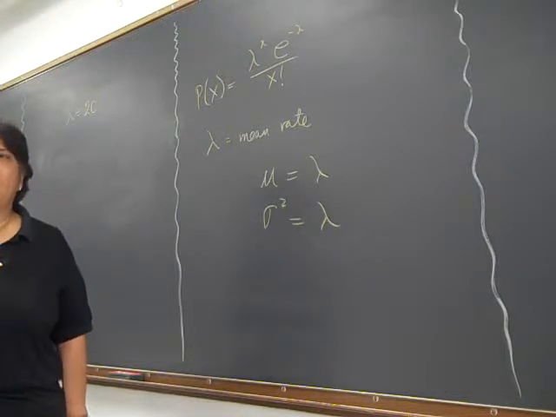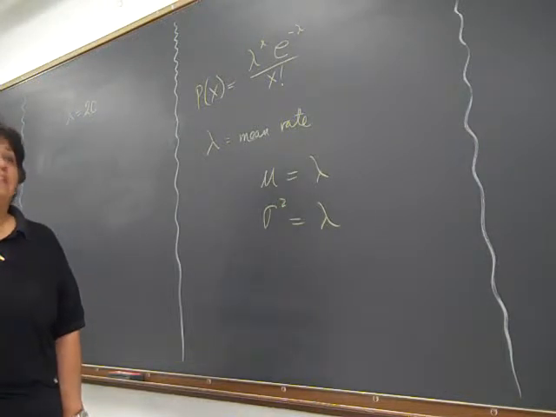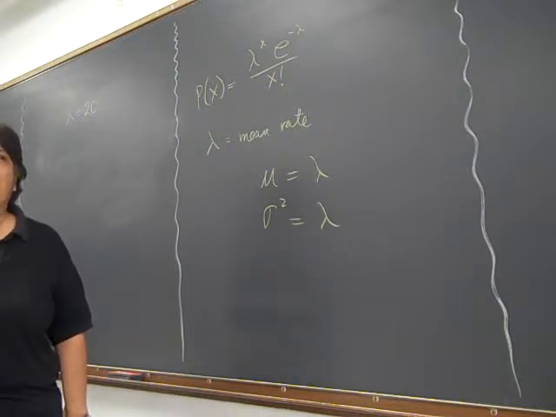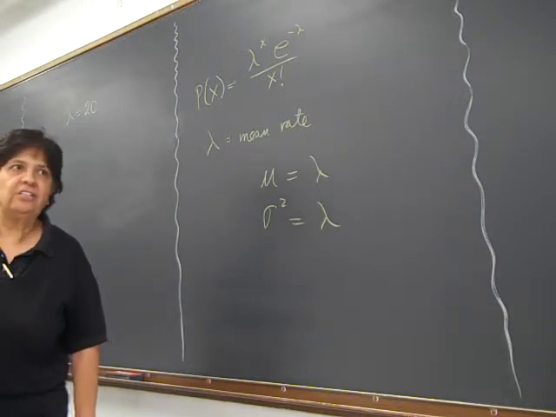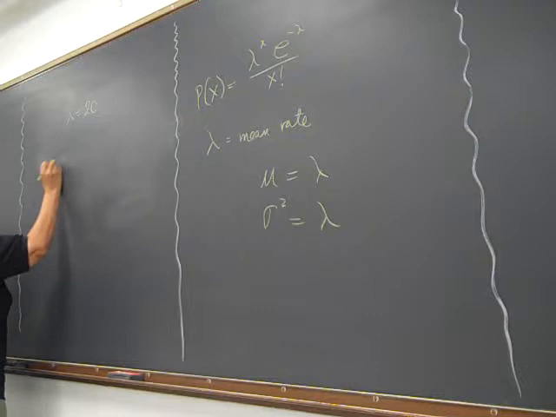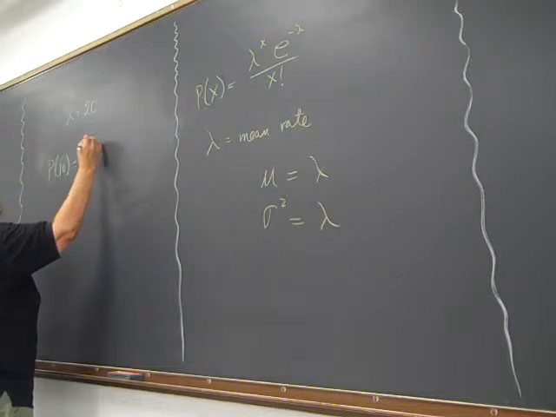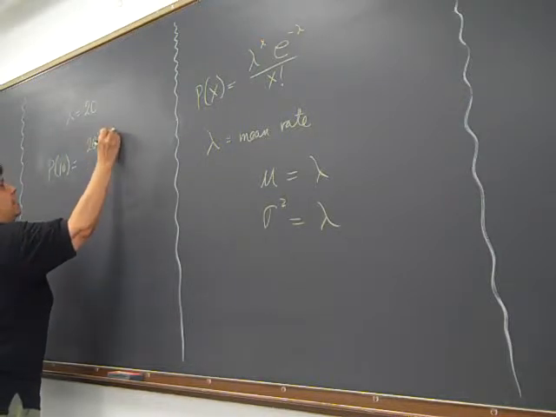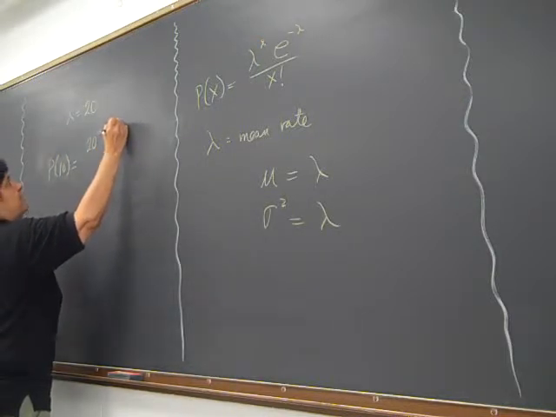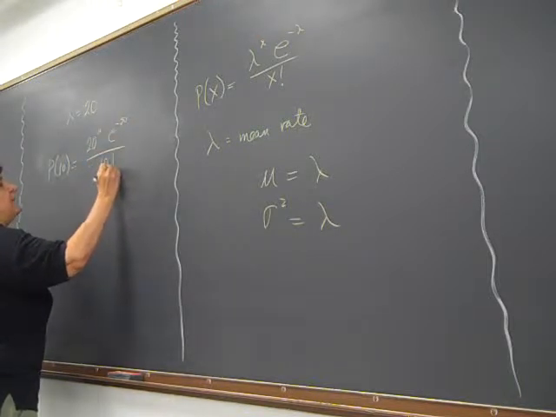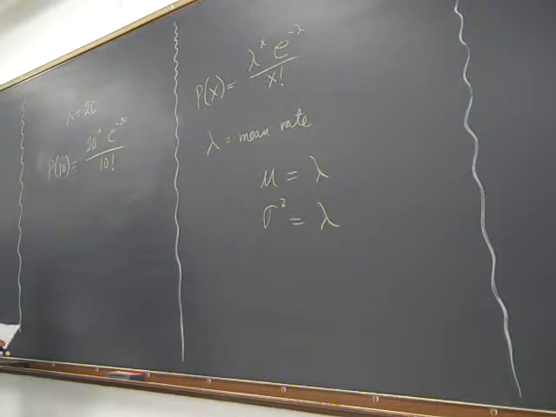I'd like to know the probability that in the next hour, whatever hour it is, I will receive exactly 10 customers. Go to the formula: lambda to the power of x, 20 to the power of 10, e to the power of minus lambda, divided by x factorial, 10 factorial.